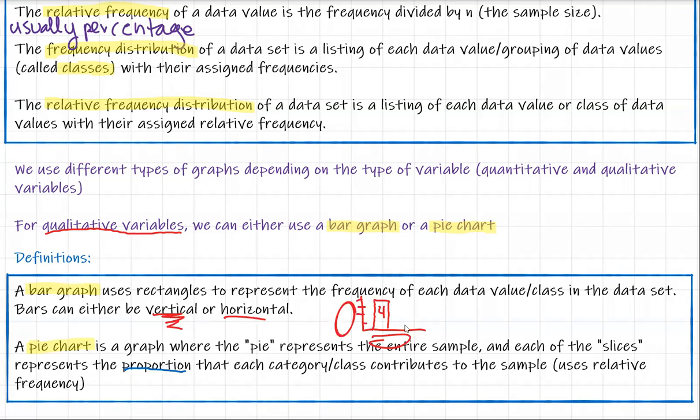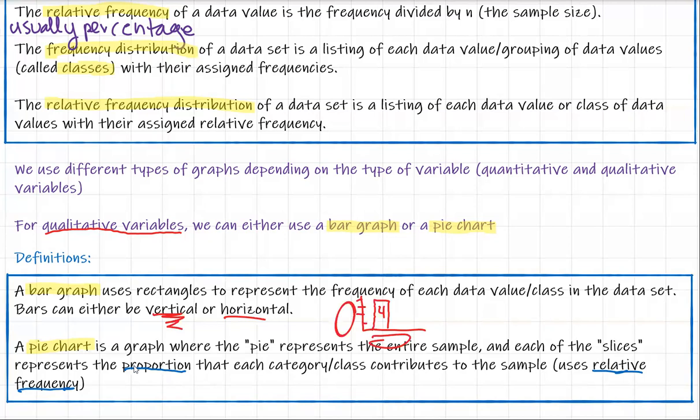So you see the 20%, the 30%, that is the percentage of the entire sample. Because of that, we almost always include our relative frequency when we do pie charts, our percentages, our proportions. Sometimes you'll see pie charts that list both the percentage and the total, which is nice, but more often than not, you just see the percentage.